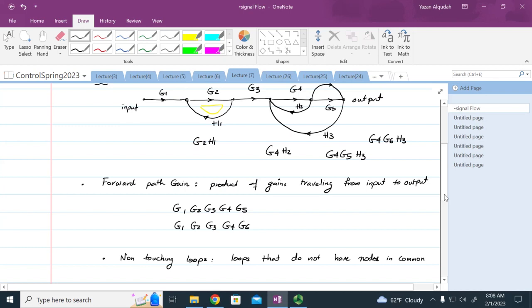Looking at the loops we have in this example, which loops do not have nodes in common?